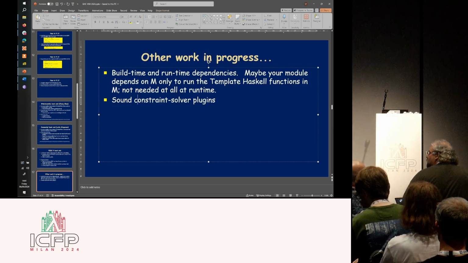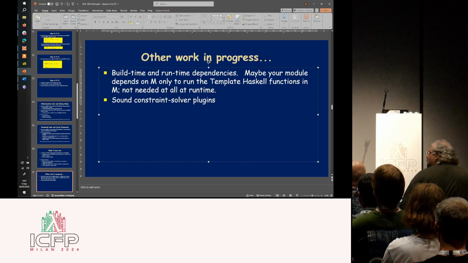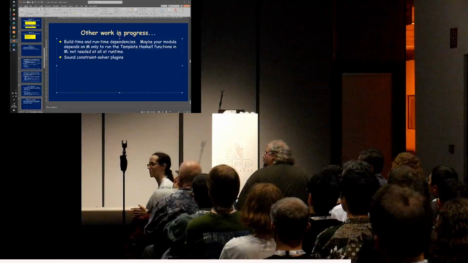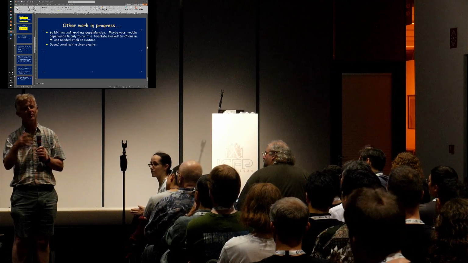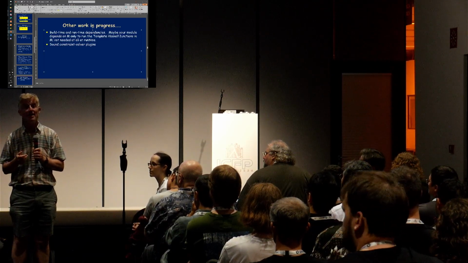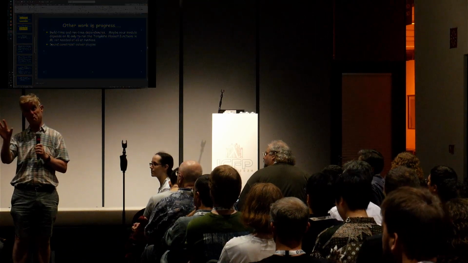The issue is that a type checker plugin might be doing a proof that, say, 2 plus 3 equals 5. That has no free variables, so that little proof is fine.